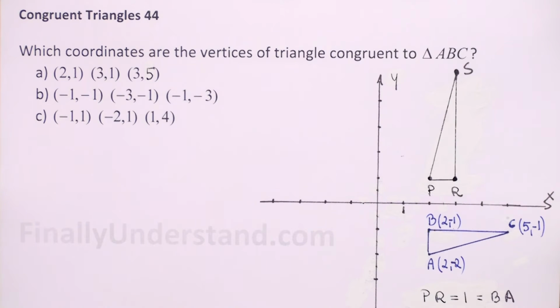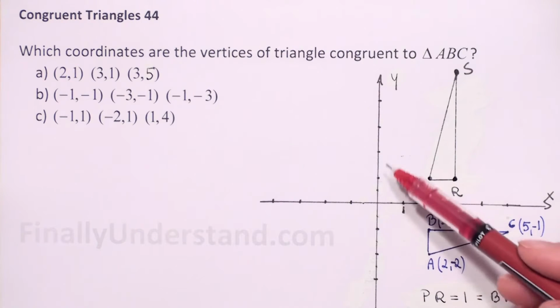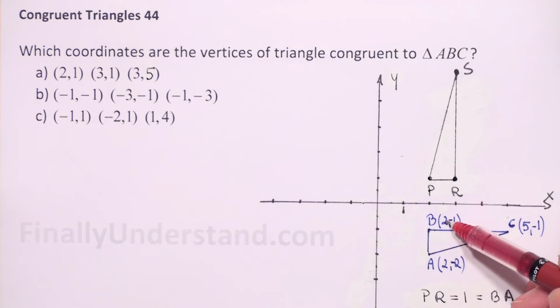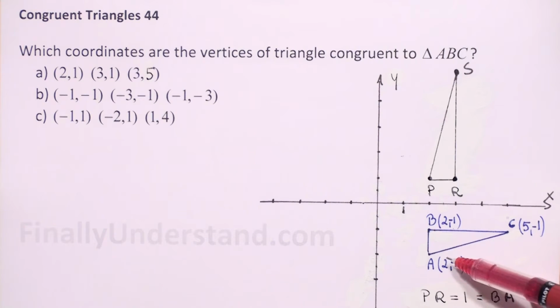And what else we see here? Because the segment BC is parallel to the x-axis, because the second coordinate is -1, and segment BA is parallel to the y-axis because the first coordinate is the same.